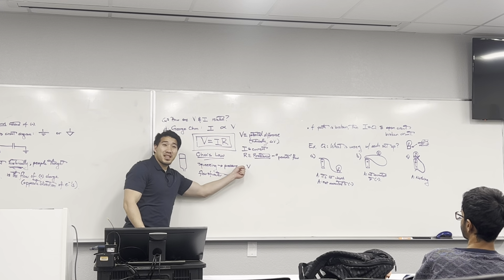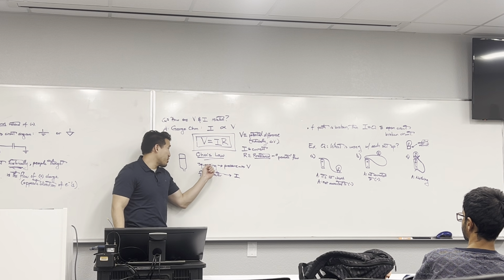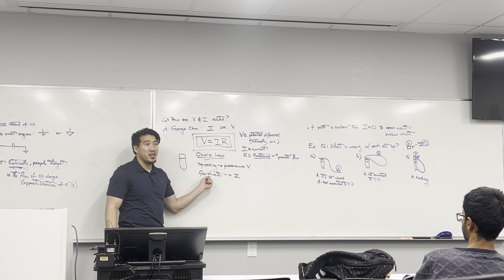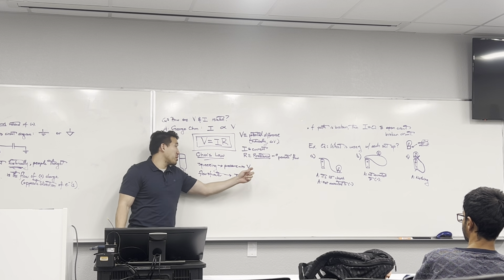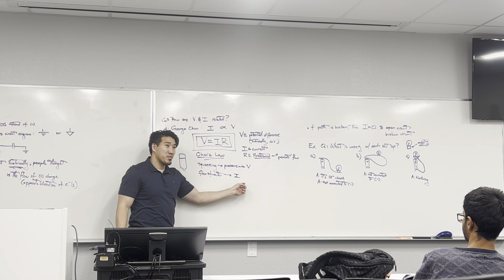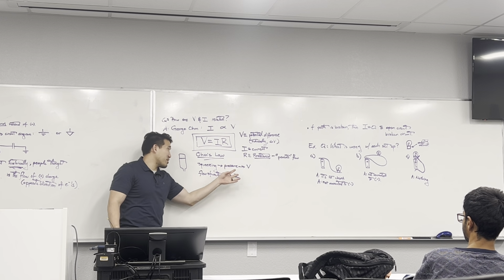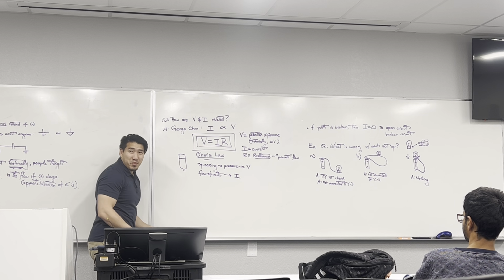So if you squeeze harder, what's going to happen to your I? Or what happens to the flow of water? More comes out. If you increase the potential difference, what's going to happen to the flow of charge? Increase. Right? These are analogous. But what about this resistance R?